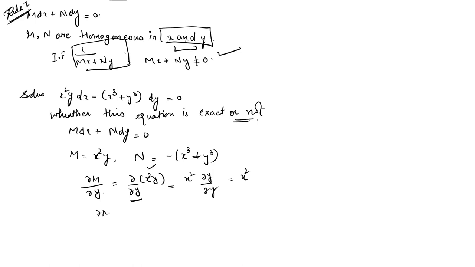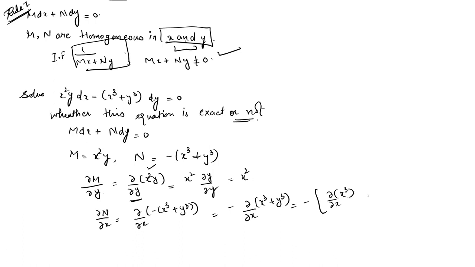Similarly, if we find del N by del x, it is del by del x of minus x cube plus y cube. Negative is outside, del by del x of x cube plus y cube. Again, it splits into del by del x of x cube plus del by del x of y cube. Now again we are finding the partial derivative with respect to x, which means that y is treated as a constant.